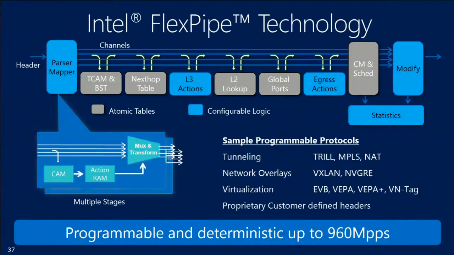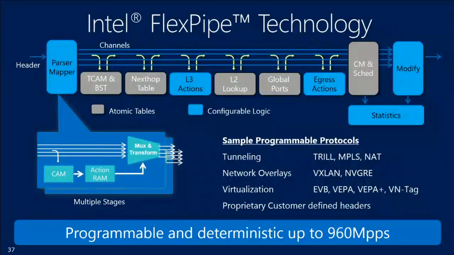So for tunneling, you can envision having TRILL, or maybe even a proprietary version of MPLS, like telcos will use, and adapt headers. You could do that with FlexPipe, actually program the switch. Network overlays, both VXLAN and NVGRE, but these standards are still very new. So as these standards continue to mature, you can envision changes within them. And despite that the silicon is already laid, you can still make those changes in there, but get the performance.